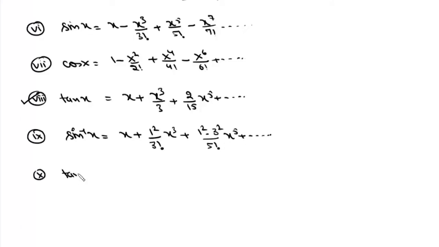The expansion formula for tan inverse of x is x minus x cube upon 3 plus x to the power 5 upon 5, and it continues.